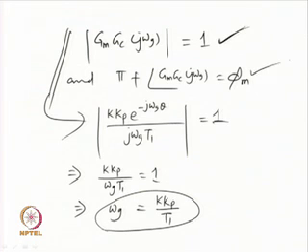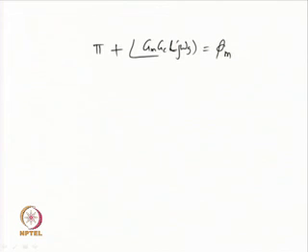Coming to the phase margin or phase condition, I will get a similar analytical expression given by pi plus the angle of Gm Gc(j omega g) is equal to the phase margin, which implies pi minus omega g theta. Please recall the loop gain.